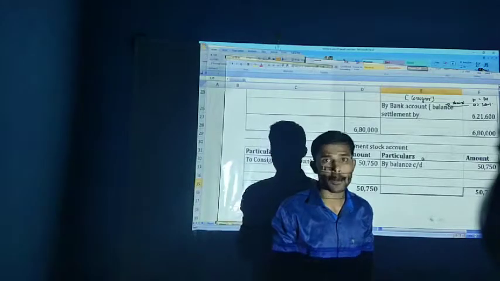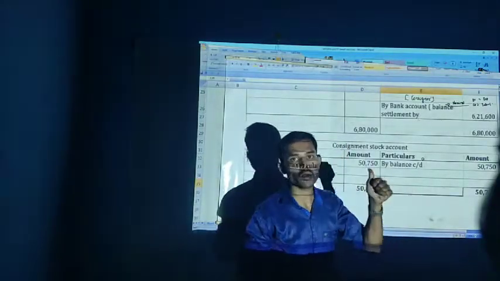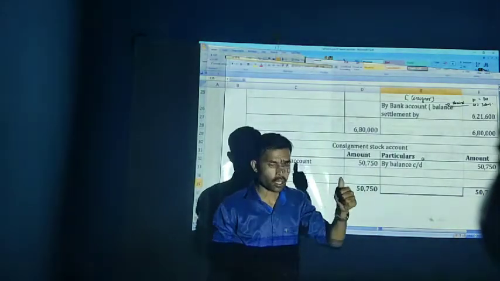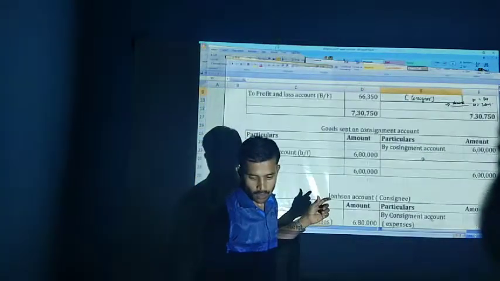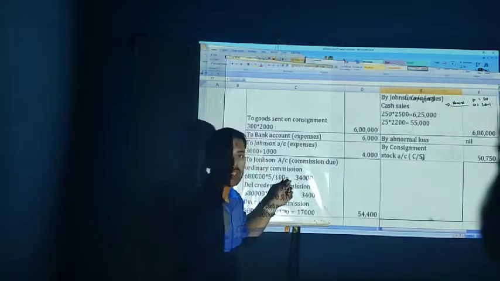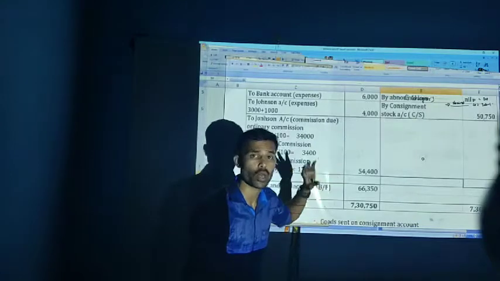But when you are preparing these accounts, first you have to prepare what? Step number 1, valuation of closing stock. Meanwhile, you have to calculate what? That is the abnormal loss. And again, at the time of preparation of the consignment account, you have to calculate what? Commission. If you are showing the working note separately, that is calculation of commission, well enough.